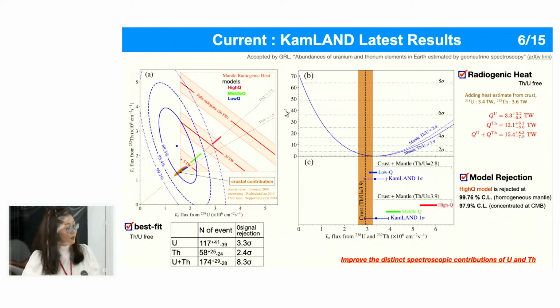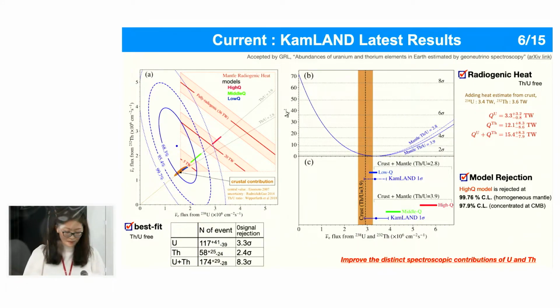Using this data, we discussed the radiogenic heat and also the model separation. The left figure shows the contour plot of the experiment data, the blue region. With more than 5,000 days of measurement, the best fit of the geoneutrino contributions is uranium 117 and thorium 58, and total uranium plus thorium is 174.